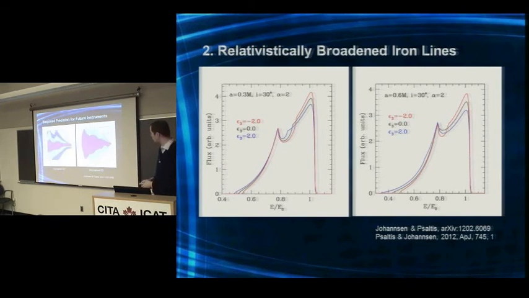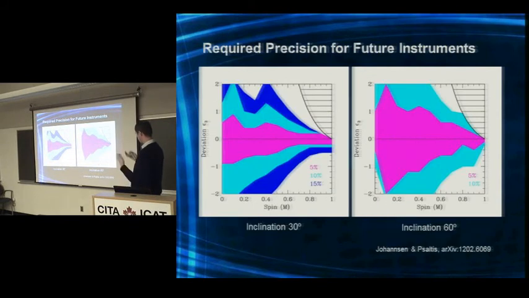And I estimated the precision that is going to be required by current or future X-ray missions, what it would take to detect these kinds of deviations. Again, this is deviation here and spin over here, and I just plot the difference in percent of a given iron line at a fixed spin to another.